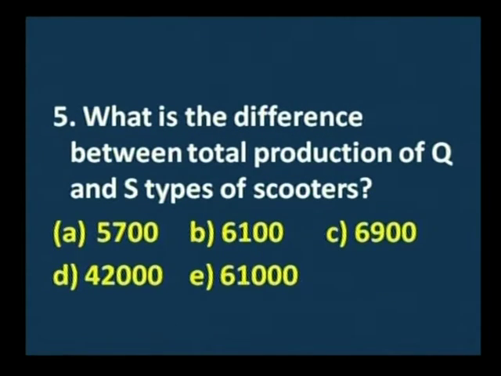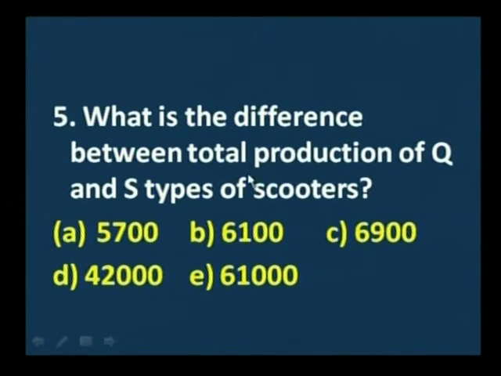Next, what is the difference between total production of Q and S type of scooters? So, how do you do this? Total production is what he is asking.